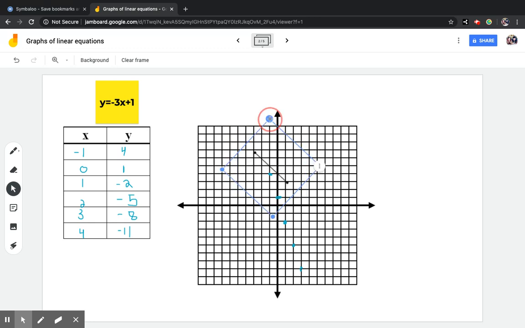Now, this is a line segment. It's not exactly what we want, but it does the trick. All right, matches up pretty close. And there we go. This would be the line that matches this table, which matches this equation.